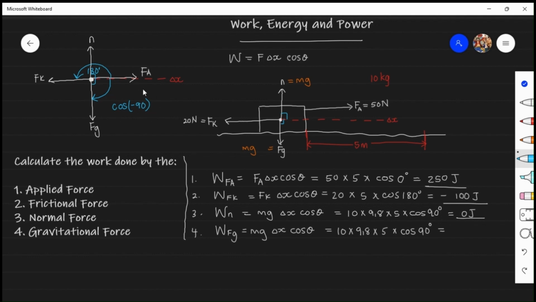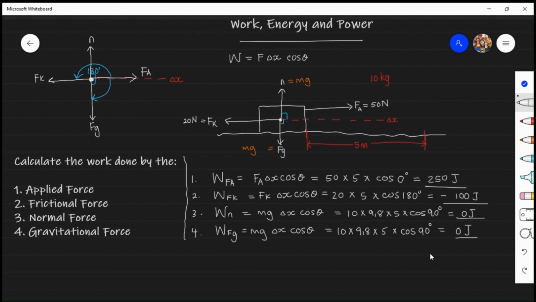So cos of negative 90 is the same thing as cos of 90 because cos is positive in the fourth quadrant. So either way you look at it, it's still going to be a 90-degree angle between Fg and displacement. And that is then going to give us 0 joules.